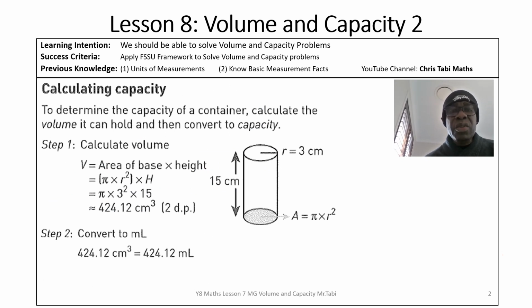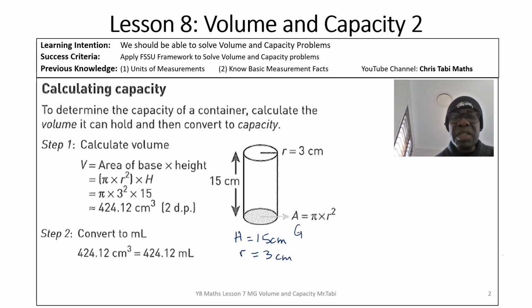Right, so we want to calculate the volume of this cylinder and determine its capacity. Well, what have we been given? We know that the height h is equal to 15 centimeters. We know that the radius r is equal to 3 centimeters.